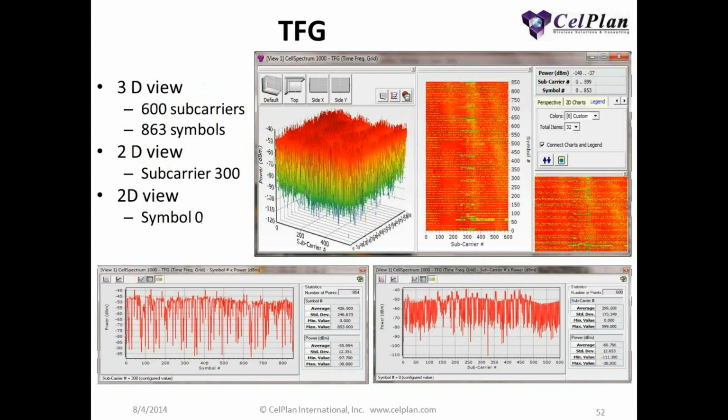This is the screen of the TFG, and I would like to describe this screen to you. Basically, here on the right-hand side, we have what we call a bird's view. This bird's view always shows us the complete capture of the total number of subcarriers by the total number of symbols.